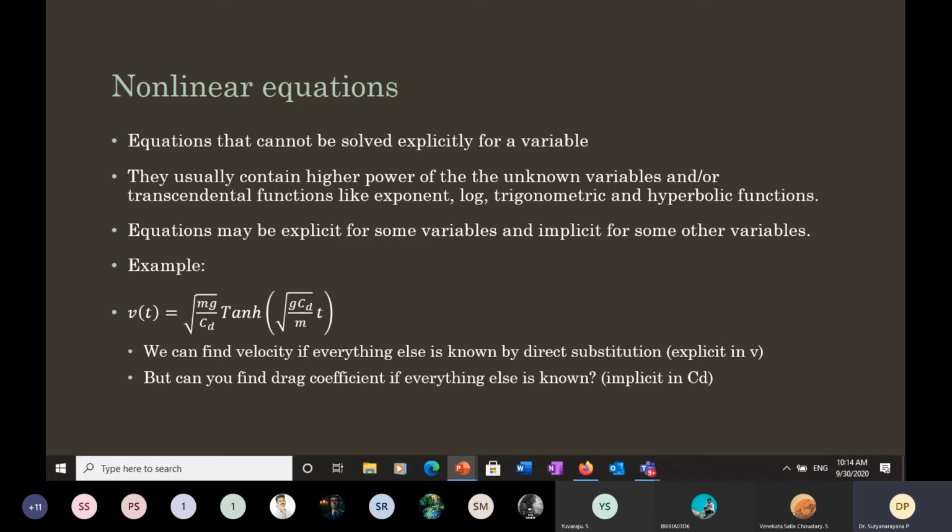An equation could be implicit in terms of some variables, but when it comes to other variables, it could be an explicit equation. I gave you this example. I think I also wrote other examples on the slide last time. Velocity, if you want to find out, this is an explicit equation. But for a given velocity, if you want to find CD or mass, then this becomes an implicit equation.